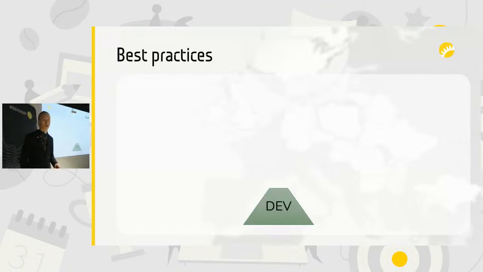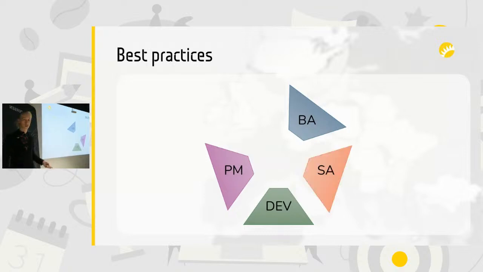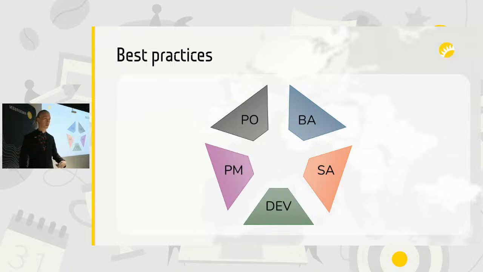Software developers have their own practices. Business analysts have their own practices to do the best things. Project managers, solution architects, product owners, everyone has their own approach to do that. So they try to do their best to create the process that will help them.